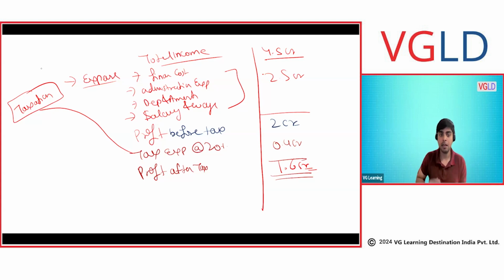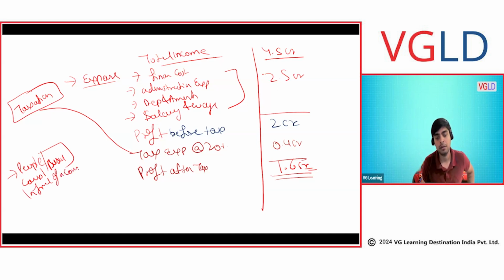Government tax. Okay. Just to give you an understanding, we, the people, companies, businesses, use the infrastructure of a country. To maintain this infrastructure, to keep things going, the electricity we get, the water we get, the roads we get, the administration, the law and order we get, we need to pay taxes to government.